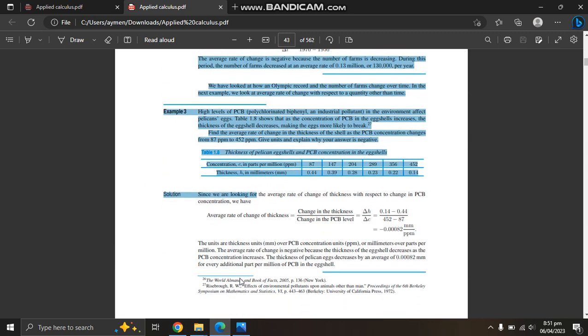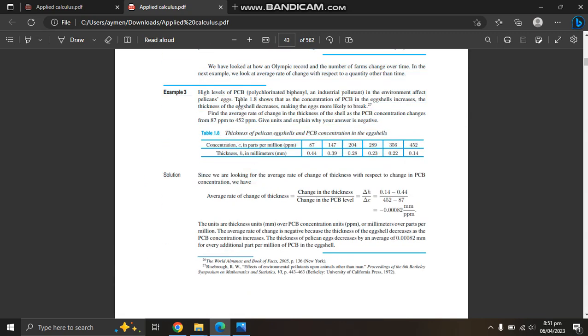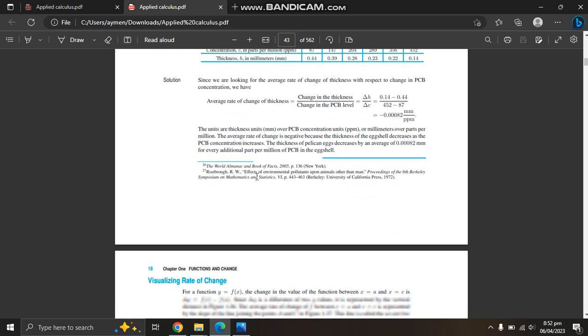Example 3: a high level of PCB, an industrial pollutant in the environment, affects eggs. As the concentration of PCB in eggshells increases, the thickness of the eggshell decreases, making the egg more likely to break. So a table is given.